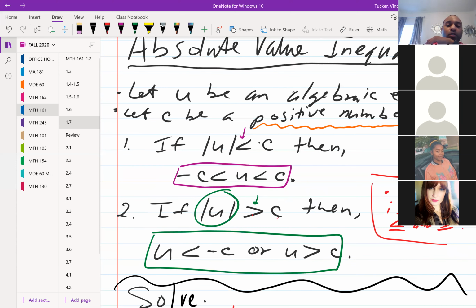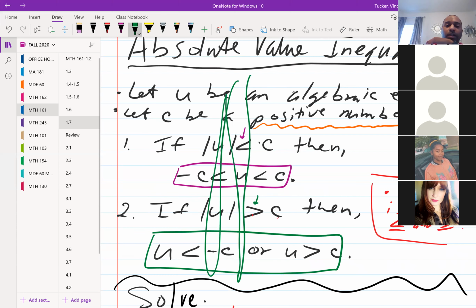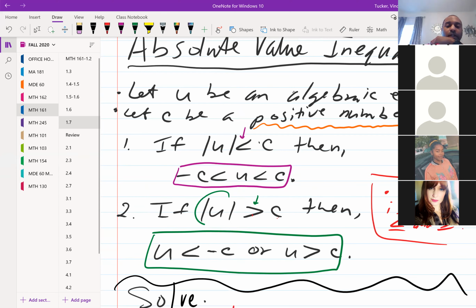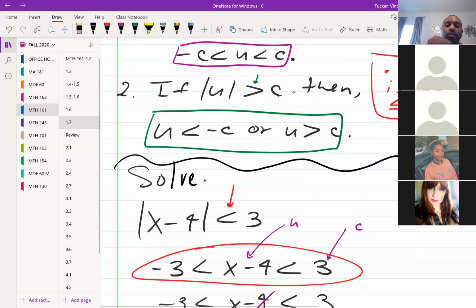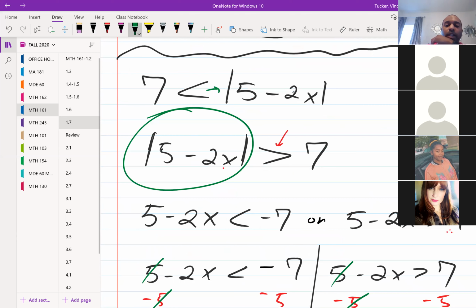And so if I'm trying to follow with this whole setup, I need my absolute value to be on the left side of my inequality. Okay. And so that's why we did that. So we did that, put that over here, and then I see, okay, now that I have my stuff on the left side, do I have a greater than or less than symbol? And we have a greater than, and that told me to do this down here.